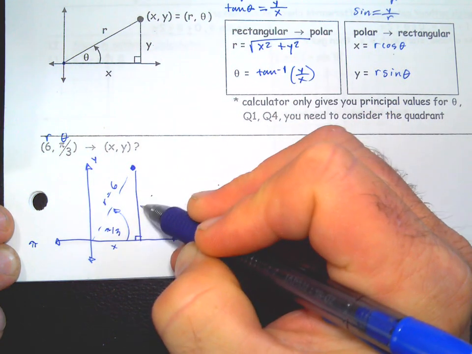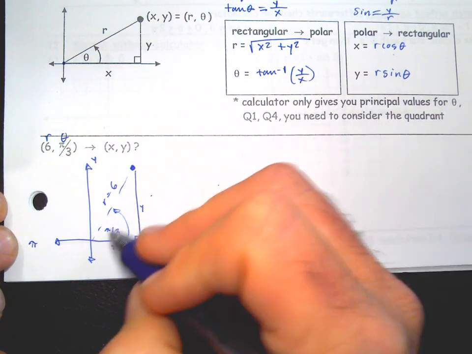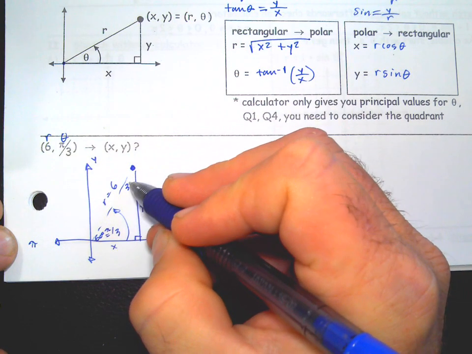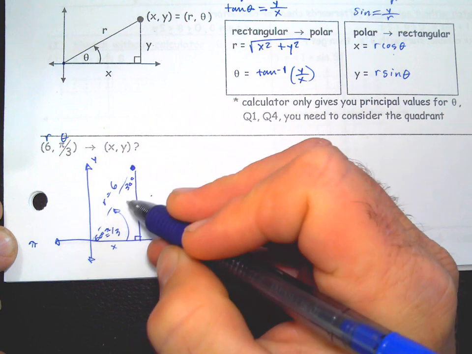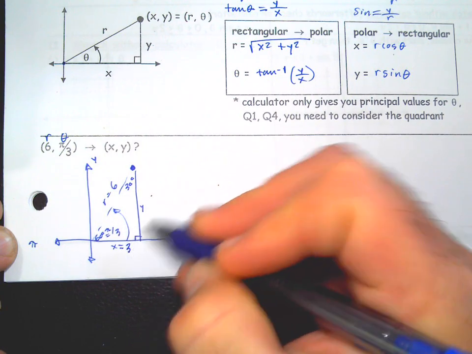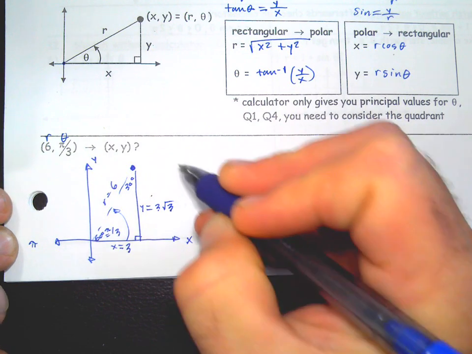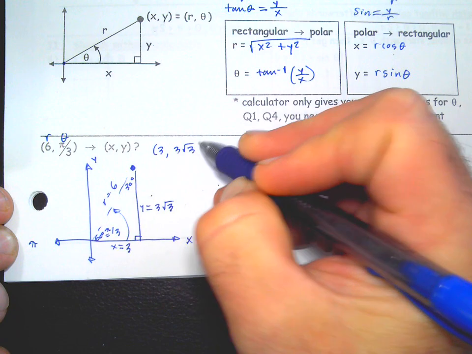And this is the y coordinate. In this case, this is a 30, 60, 90 triangle, right? So if the hypotenuse is 6, then the short leg is going to be half of that, and the long leg is going to be the short leg times root 3. And so your answer is going to be 3 comma 3 root 3 without a calculator.